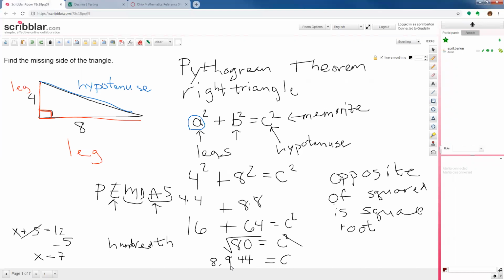It goes tenths, hundredths, thousandths, and then ten thousandths.